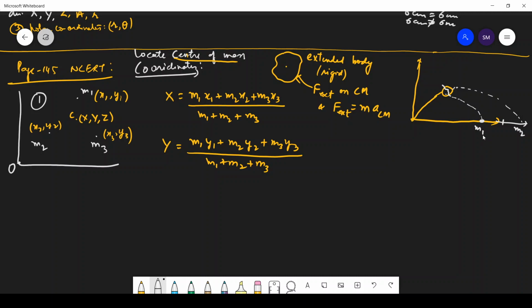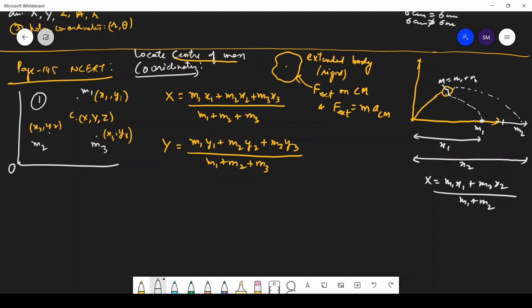What will be their location? So there are two ways to write the location. One way is, how much is this distance of m1, this x1, and how much is this distance x2. So the location simply will be x equals m1 x1 plus m2 x2 divided by m1 plus m2, isn't it? So that was total mass m, that was equal to m1 plus m2.